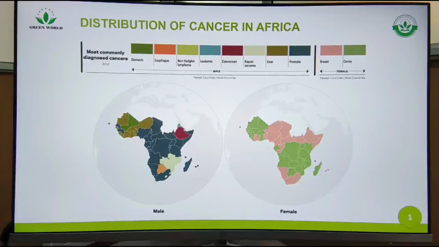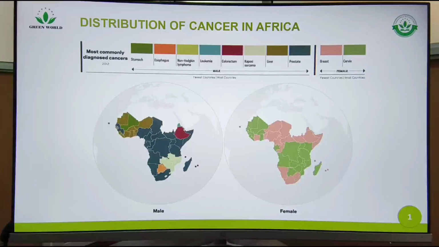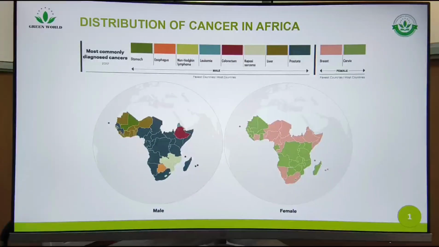Distribution of cancer in Africa. So the most commonly diagnosed cancers in Africa currently are stomach cancer, then esophagus or esophageal cancer, and non-Hodgkin lymphoma. Non-Hodgkin lymphoma, from the word lymphoma, is about the lymphatic system.